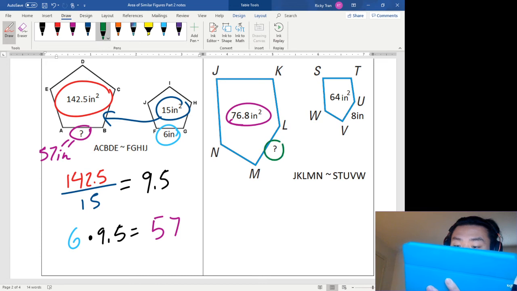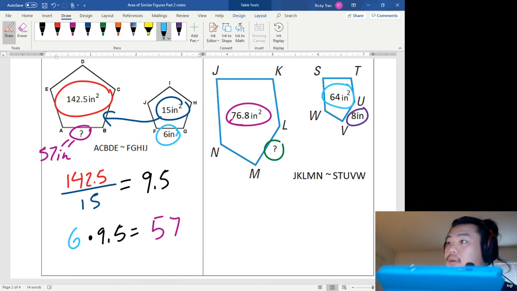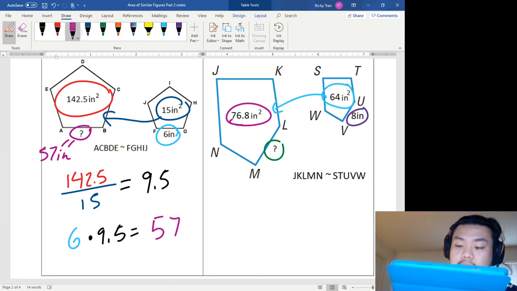All right, here's our area, missing side length, other area, other side length. We're going from small to big. You know what? I did a lot of small to bigs. Maybe next time I'll give you guys big to small. So we're going from 64 to 76.8.